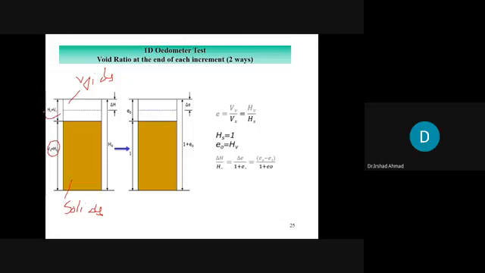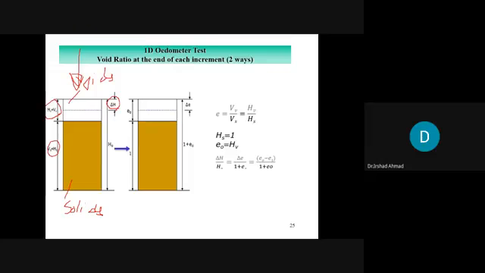Similarly, here is the height of the voids or volume of the voids. When you apply load, what would happen? Drainage would occur, and as the water goes out, a corresponding settlement or compression would occur, which is delta H.